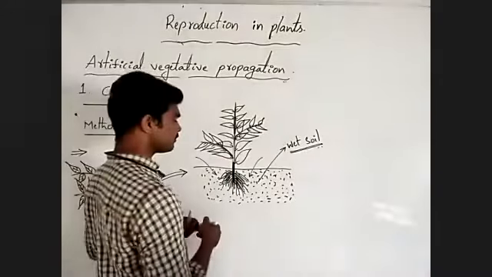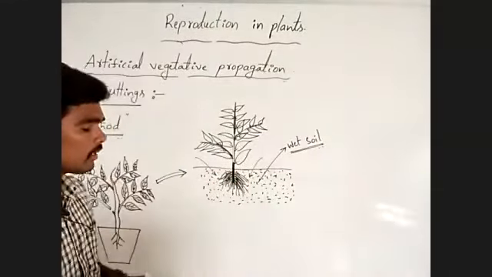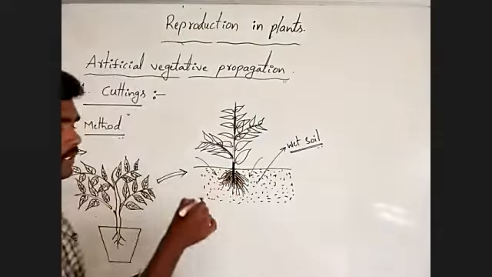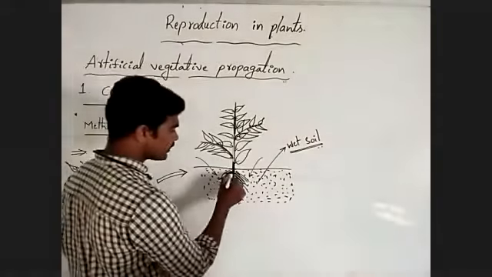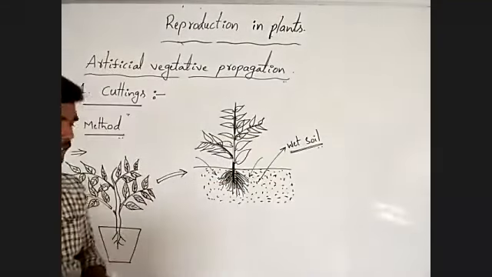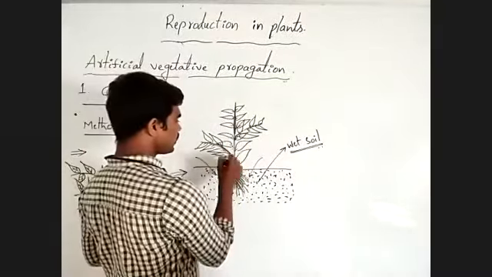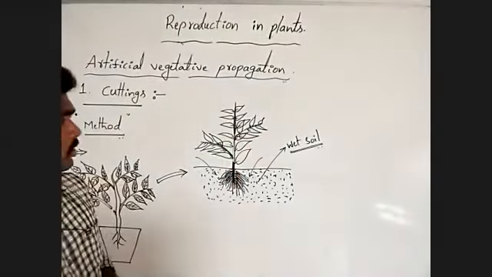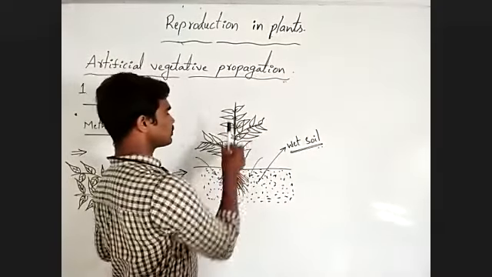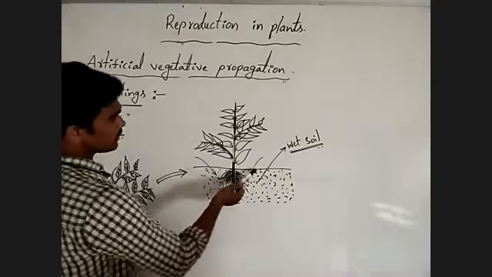Next, after some time, from the lower portion of the stem, or from the buried region of the cut branch, adventitious roots are grown into the soil. Whenever adventitious roots are grown, the apical bud and axillary bud start growth by forming the leaves and branches. This means here a new plant.